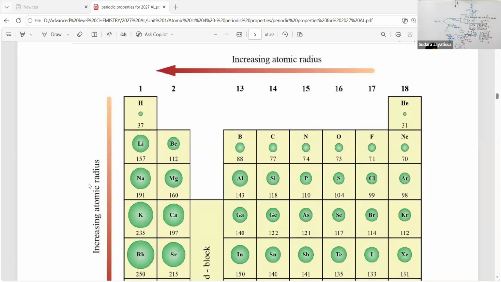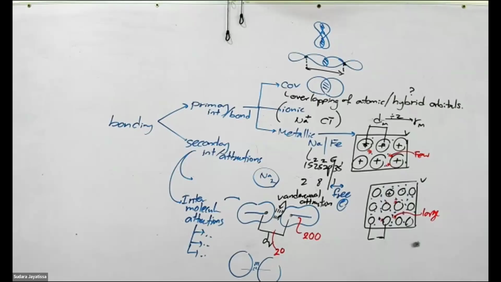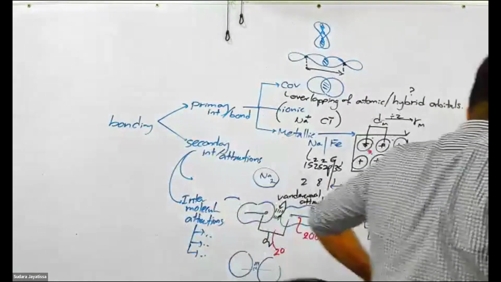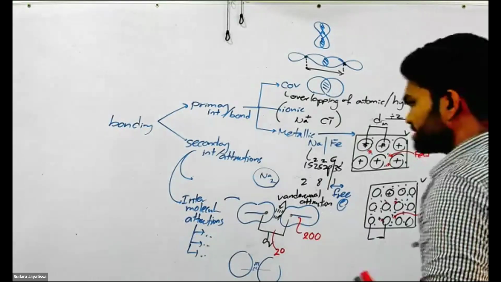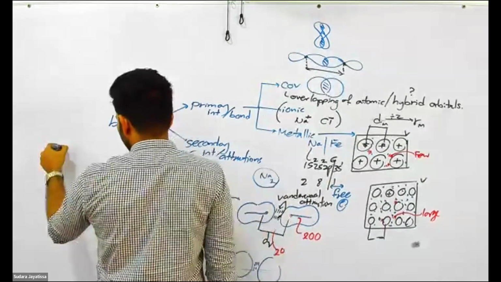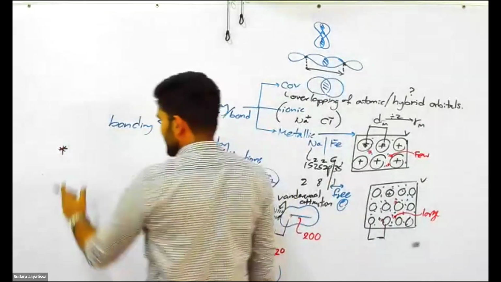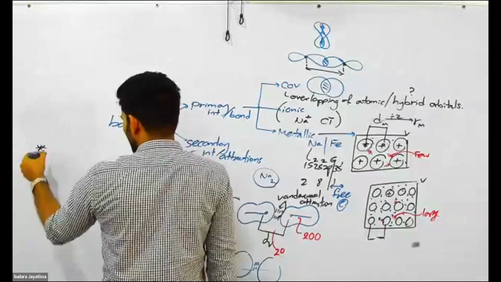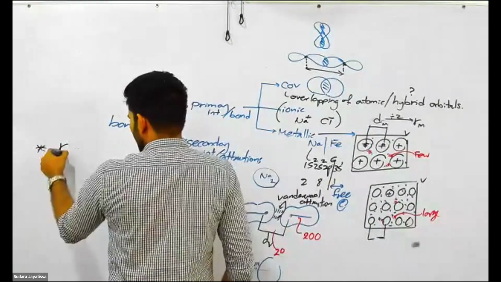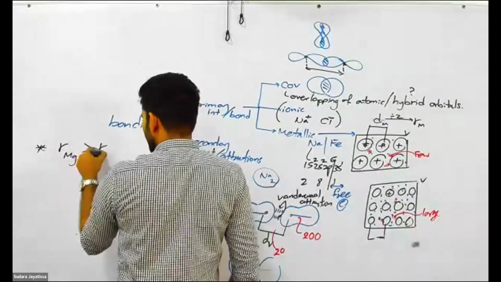But when you compare magnesium and lithium, magnesium has a higher radius, not because of Zeff, but because of the energy level effect, the shell effect. Understood? So put a star by the side and write: radius of magnesium is larger than radius of lithium.